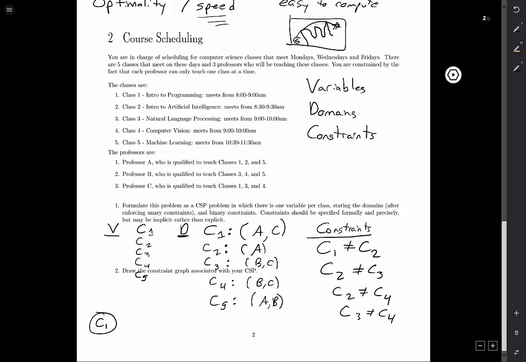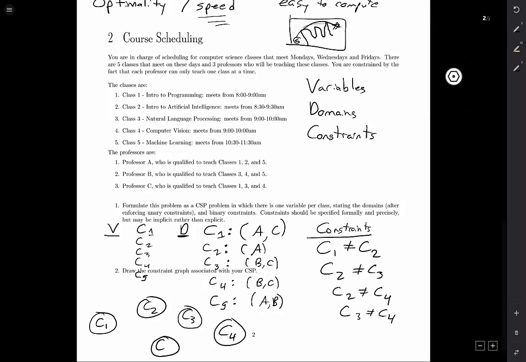Class 1, class 2, class 3, class 4, and class 5.